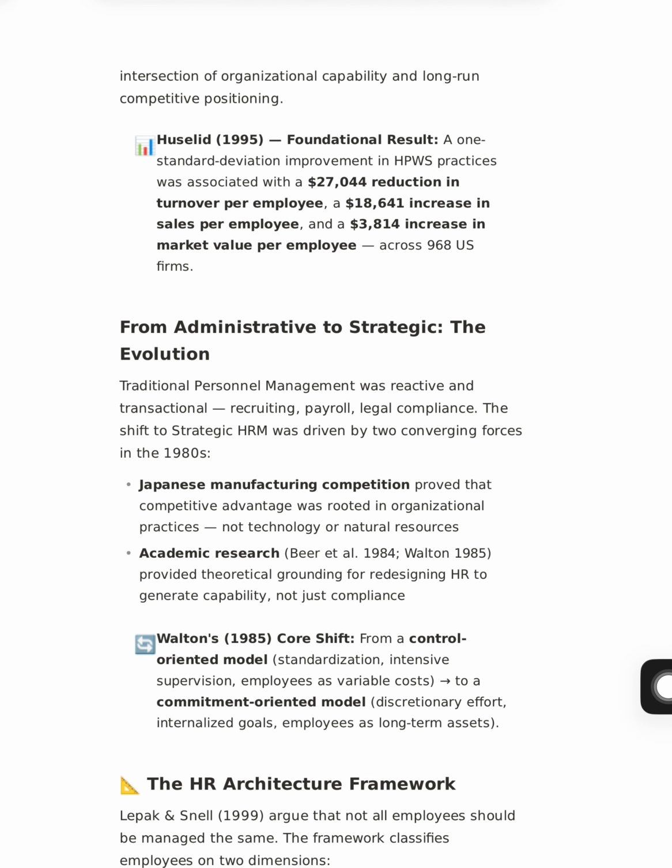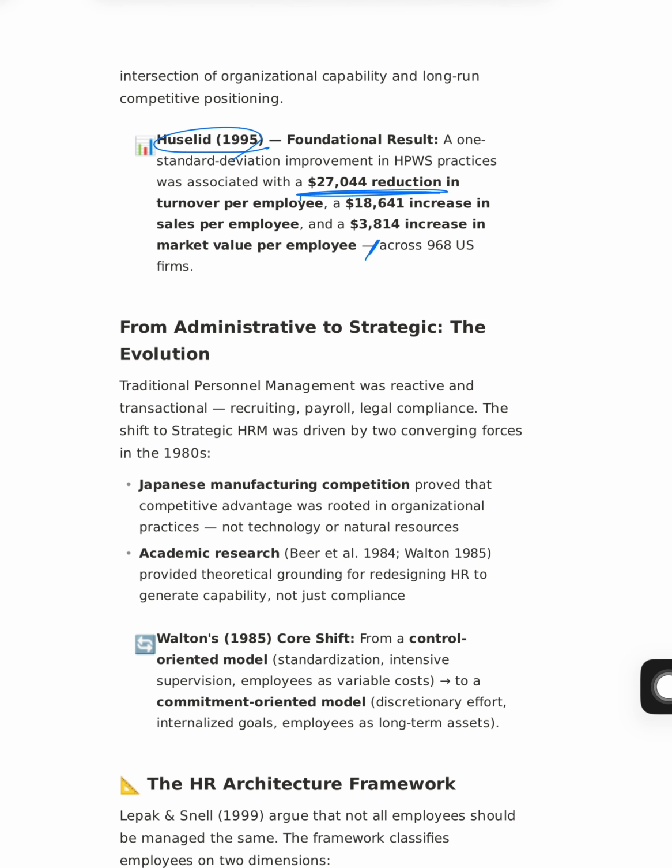So this guy, in what became one of the most cited papers in management research, studied more than 900 US firms and found that one standard deviation improvement in high performance work system practices was associated with quite a huge reduction in employee turnover per year, and 18,641 dollars increases in sales per employee and 3,814 dollars increases in firm market value per employee.